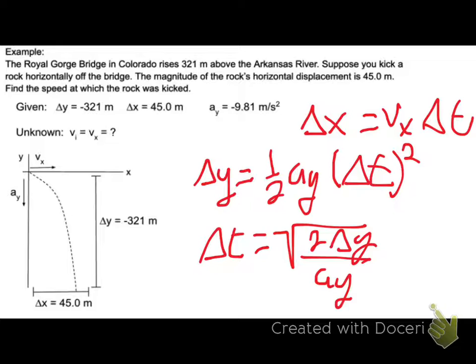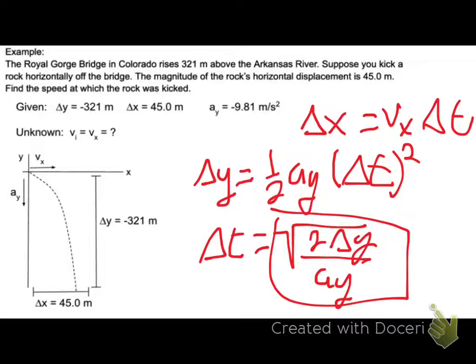So now we can take this value that we have for time, because we have an acceleration and we have a delta y, correct? And we can plug that in place of time in our original equation, isolate for velocity x, and solve.